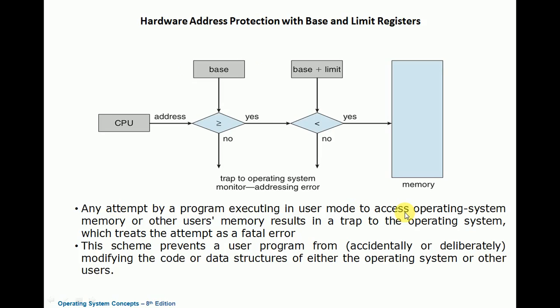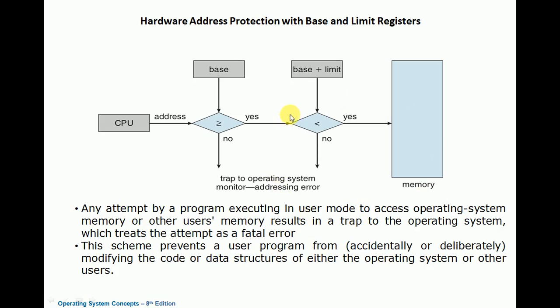Now let us see hardware address protection with base and limit registers. We already discussed protection. One particular process should not access the memory space which is allocated to another process, and it cannot have access to the operating system's memory. So one kind of protection we need to provide. We need to ensure that no single process is able to access the contents of another process or operating system memory.